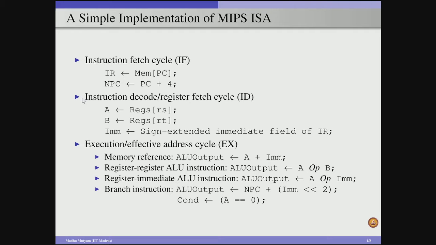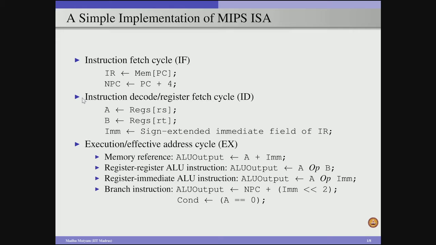But if the instruction is a register ALU type instruction, then we are going to perform the operation on the contents of A and B and store that in our temporary register associated with the functional unit, that is ALU output. And in the case of a register immediate ALU instruction type, we are going to perform the operation on A and the immediate register and store the result in the temporary register ALU output.